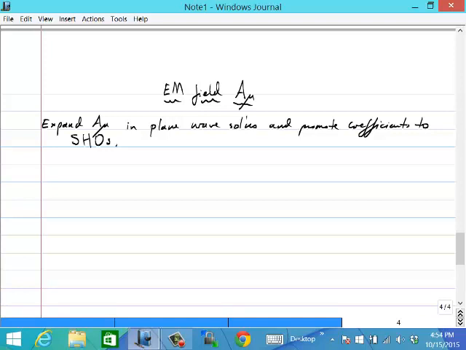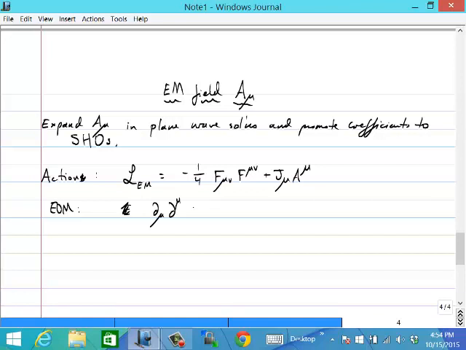So in order to work that out explicitly, we would begin by writing down the equations of motion of electromagnetism, which follows from an action. So the action of electromagnetism is something that you met early on in this course in a problem set. The equations of motion which follow from this action are just Maxwell's equations, which I will just write here very quickly.